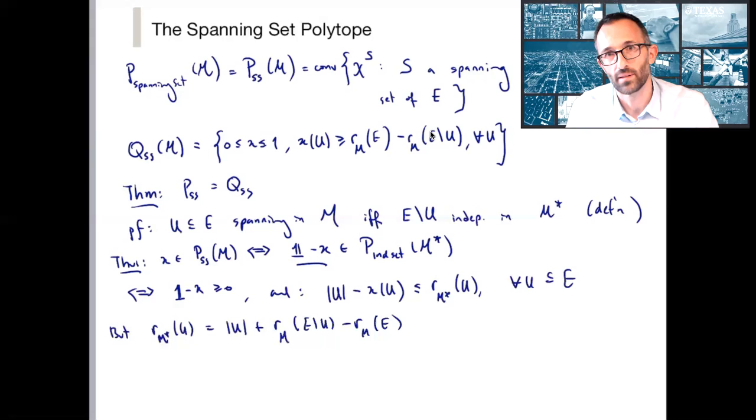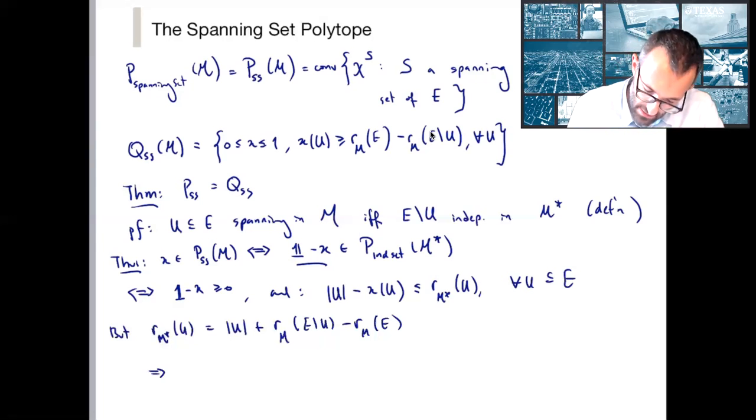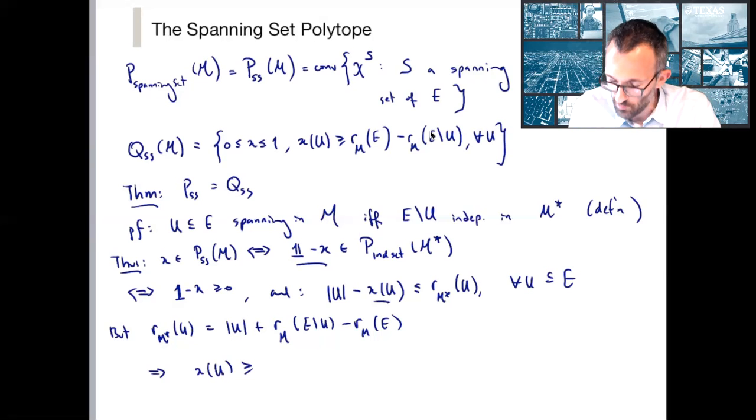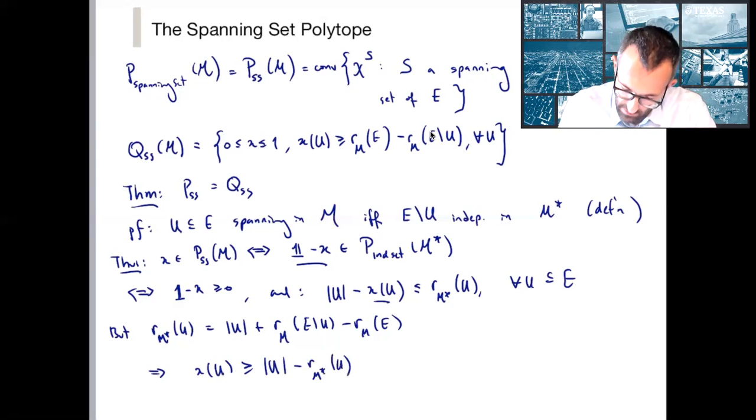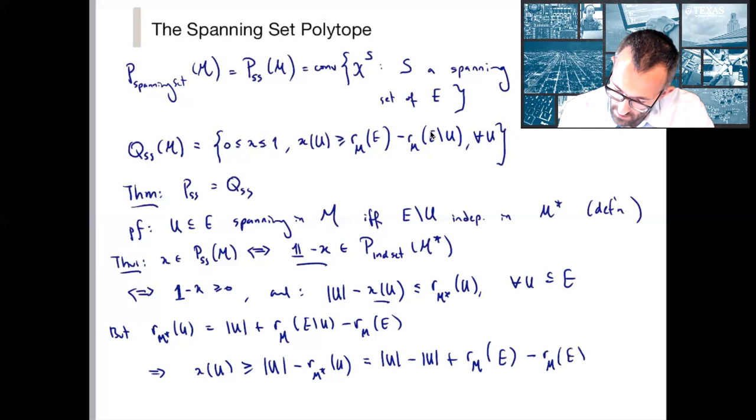And now all I need to do is plug this in to the right-hand side on the line above, and I get that x of U is, once I solve, so I'm going to move x of U over to the right-hand side, plug in for what r of M star is, and I'll get x of U is greater than or equal to cardinality of U minus r of M star of U. Plugging in for r of M star, this is equal to cardinality of U minus cardinality of U plus r_M of E minus r_M of E minus U. And that is exactly what we needed to show.